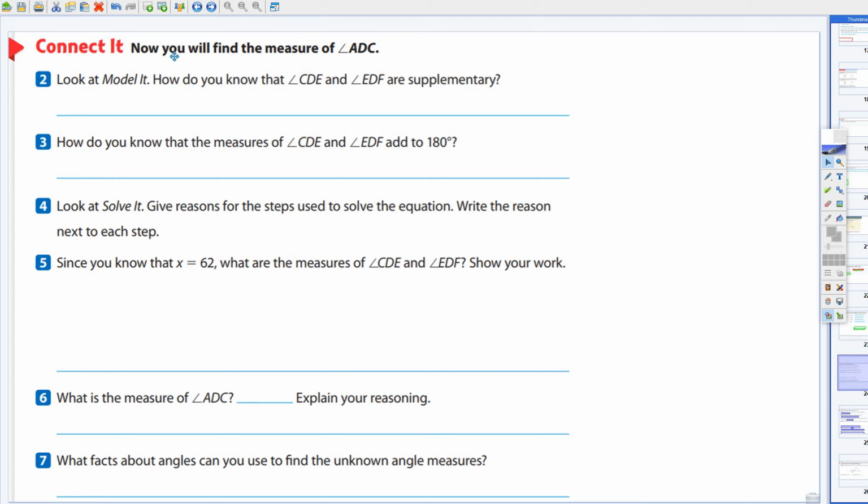And again, if you're stuck, you can go back in the video. I did that for you. What is the measure of angle ADC, and explain your reasoning. What facts about angles can you use to find the unknown angle measures? Alright, so again, pause this video, answer these questions to the best of your ability, and then unpause to check your answers.